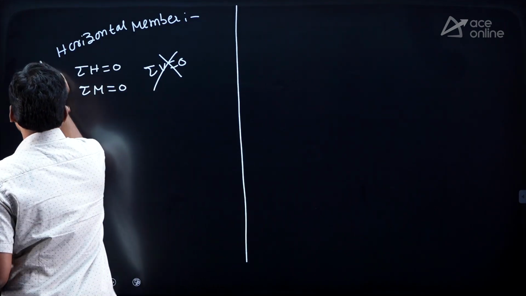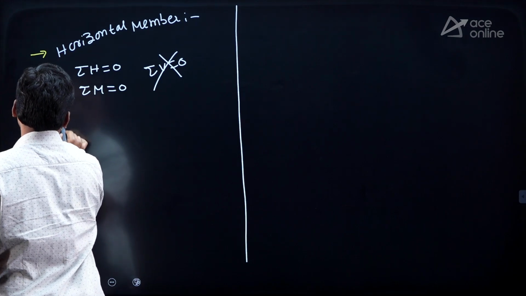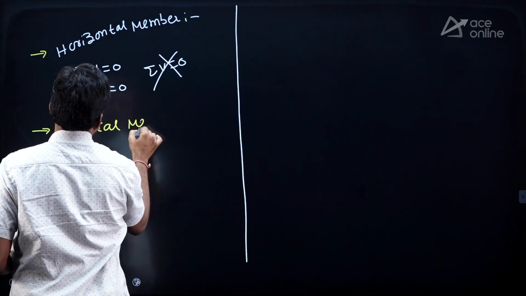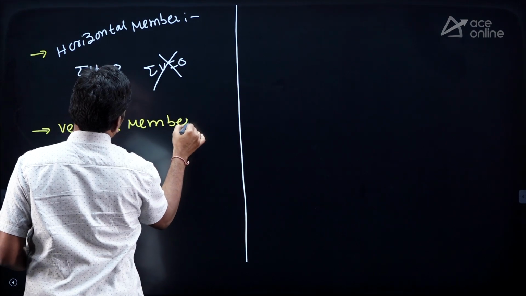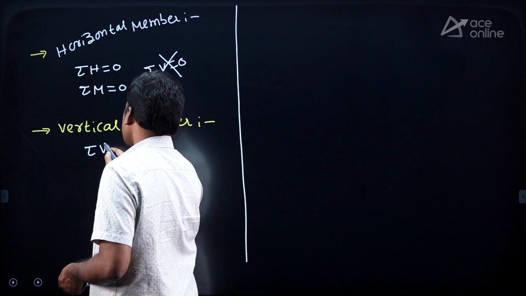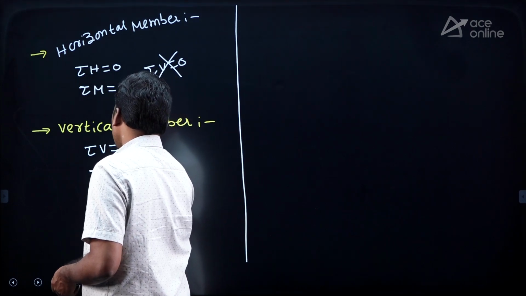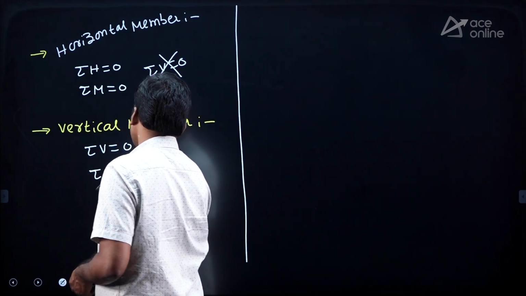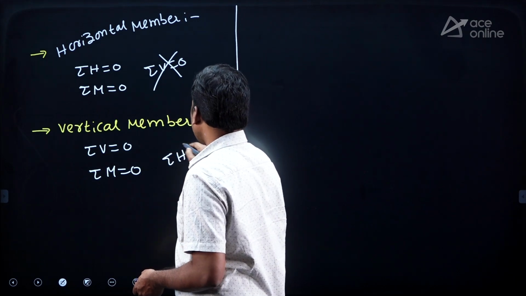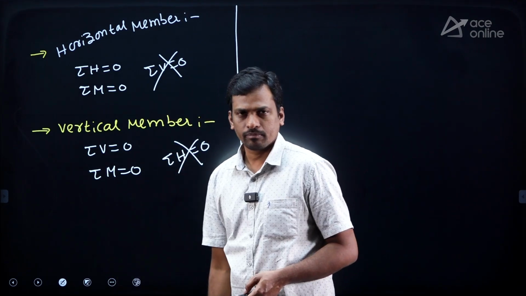Then if I ask you to find the force in a vertical member, first try sigma V, and if it is not possible, next try sigma M. For a vertical member, no need to try sigma H, it is a waste of time.